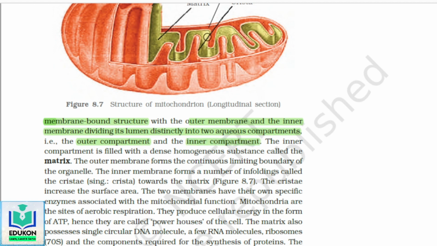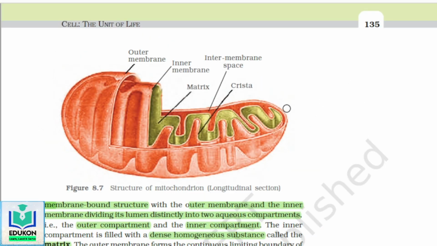The inner compartment is filled with a dense homogeneous substance called matrix. Remember this. You can see in the image, we have an outer membrane, the inner membrane, and the inner membrane is filled with the matrix.